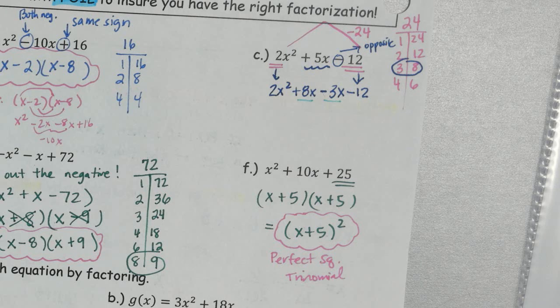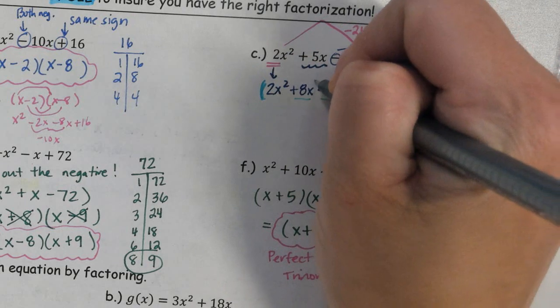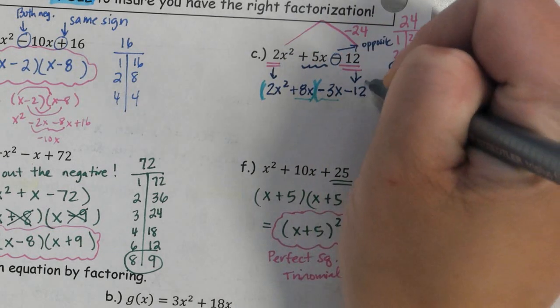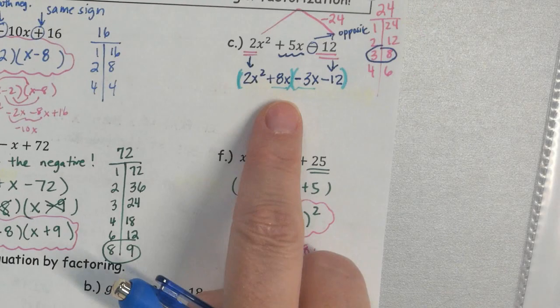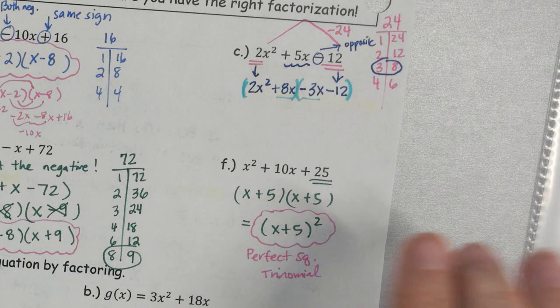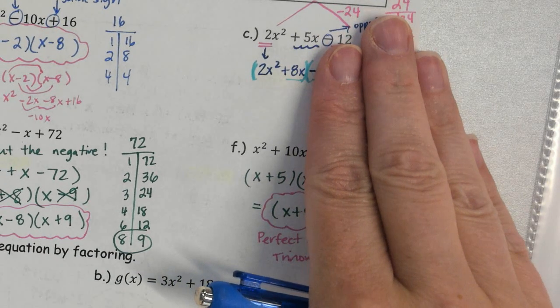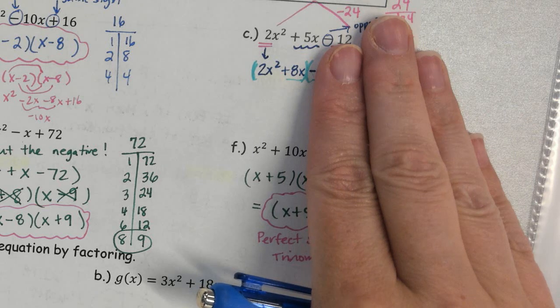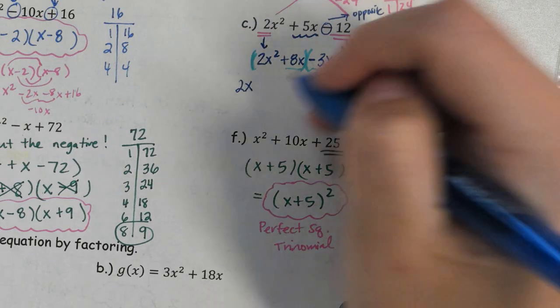Okay, so this part is a little bit more intensive, but you just group the first two together, and you group the second part together, and you take out the GCF. So if I take out the GCF from 2x squared and 8x, that's the only part we're going to look at right now. What can I take out of 2x squared and 8x? 2x. So I'm going to take that out.